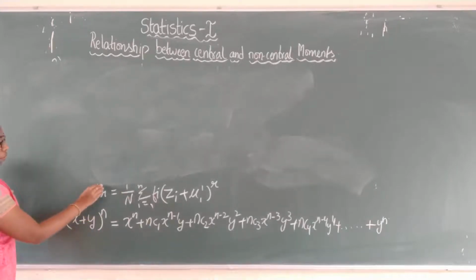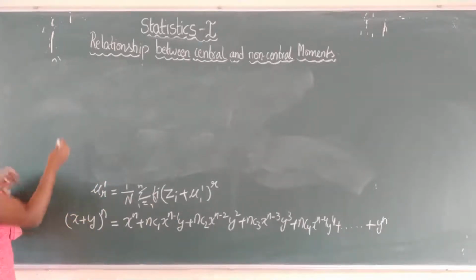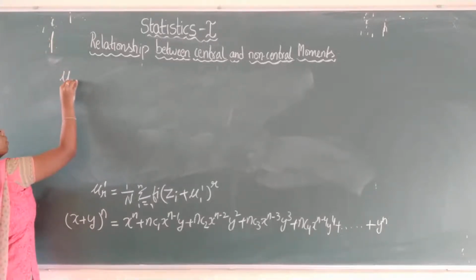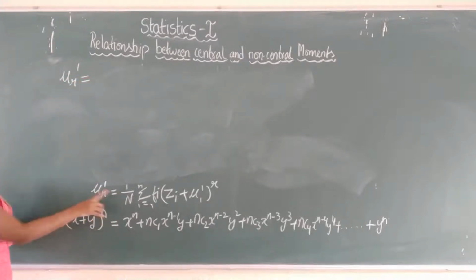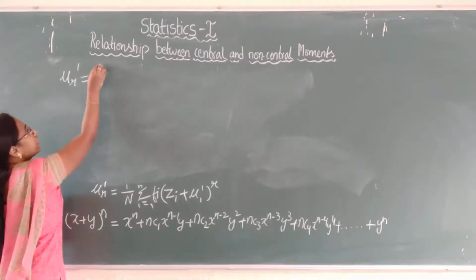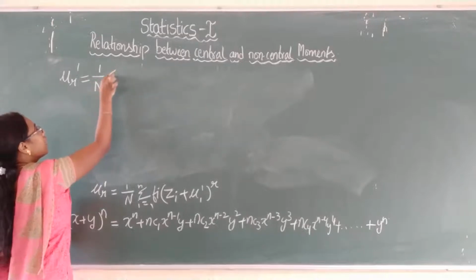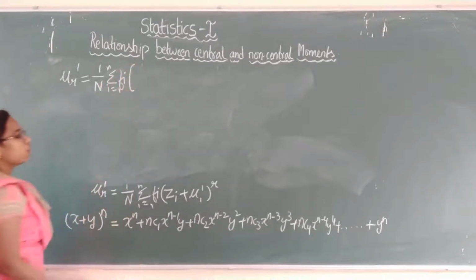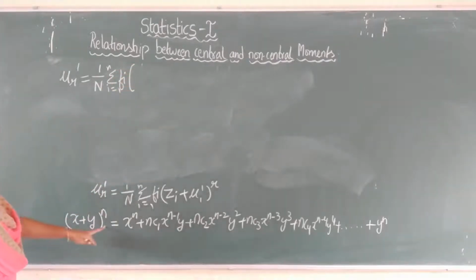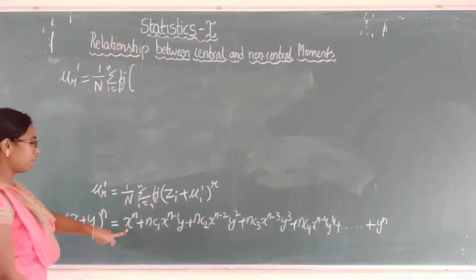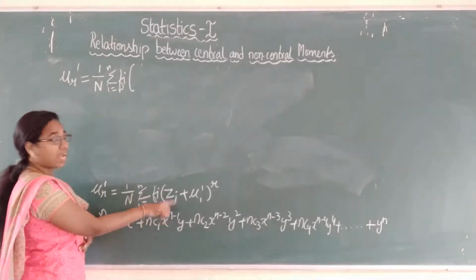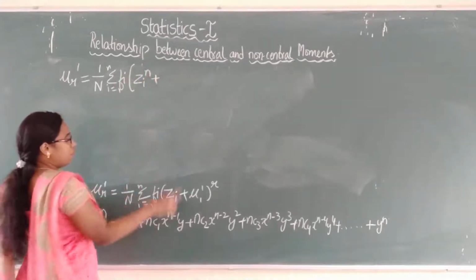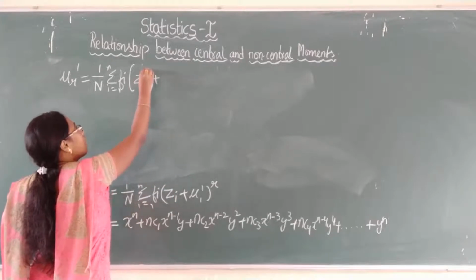Now mu r dash is equal to 1 by n summation i equals 1 to n f i, the constant written as it is. Now apply the binomial expansion of x plus y whole power n. First we write x power n, that is, in place of x we have z i, so z i power r.